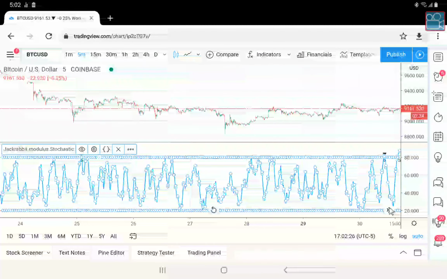You may want to use 25 so you can pick up a few of these low points. But again, it's all part of the testing process. Just be aware that stochastic is generally not used by itself because of it producing a lot of false signals.